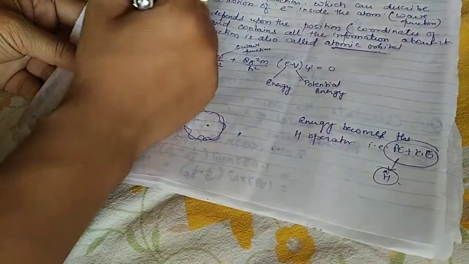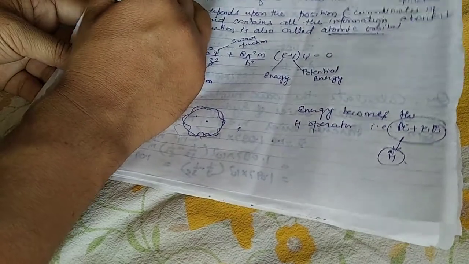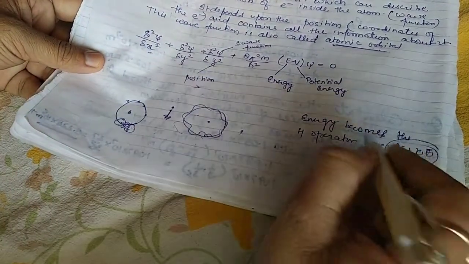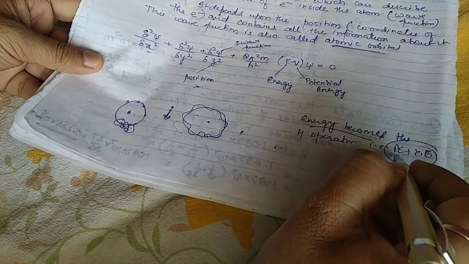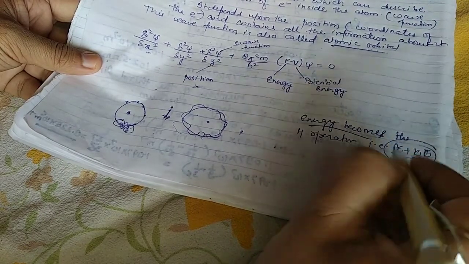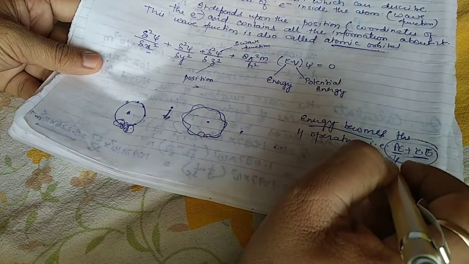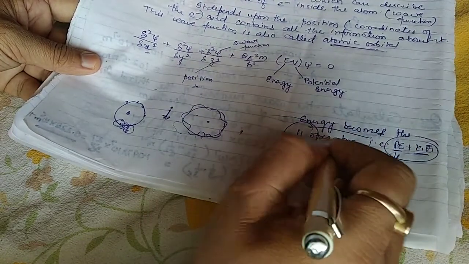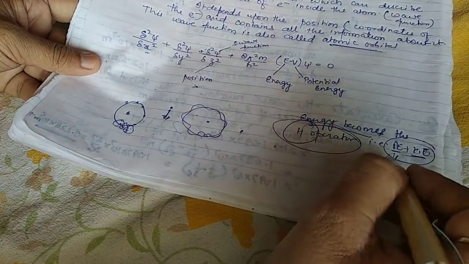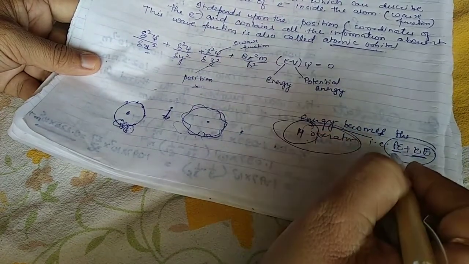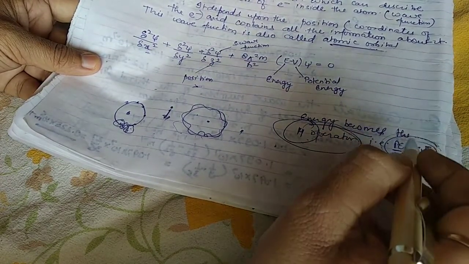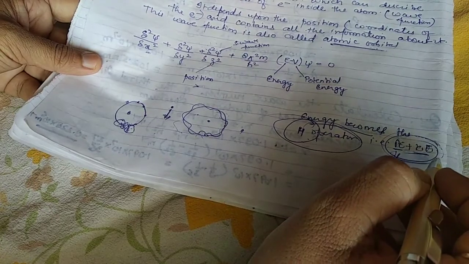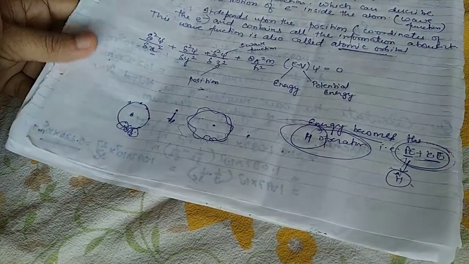What is Hamiltonian? This question comes from every student. This Hamiltonian is the sum of potential energy and kinetic energy, and it is calculated in a different way. It is represented by H, and this is known as the Hamiltonian operator, which describes the potential energy and kinetic energy of the particle. So you need not learn all these things.